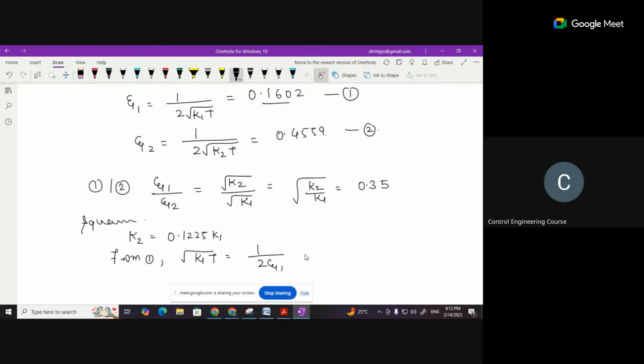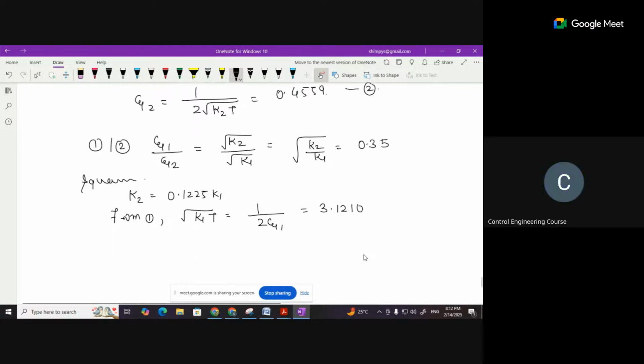That will give you 3.1210, or k1t will be 0.9741, right? Or Tk1 minus 1 will be 8.741, subtracting 1 from both the sides, right?